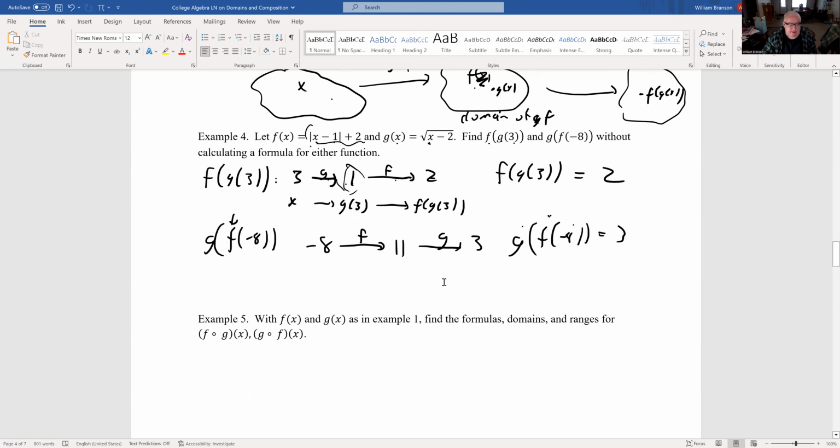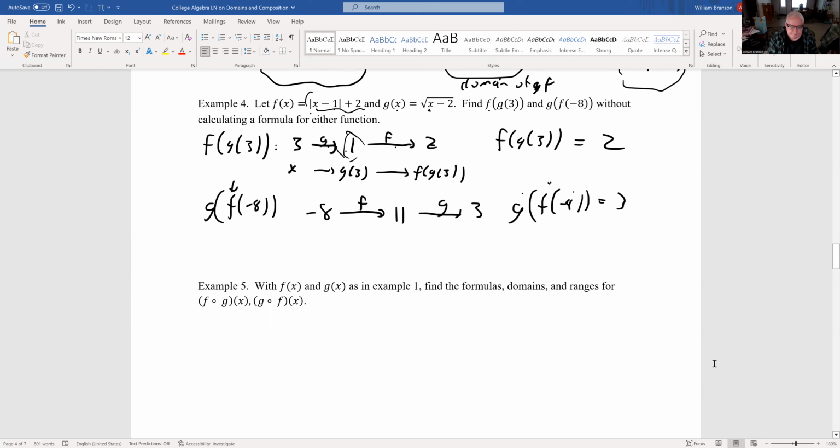And then we can look at, well, what are the formulas? F of G of X, that means we take the formula for G of X, which is square root of X minus 2, and we plug it into that. So we want F of square root of X minus 2.